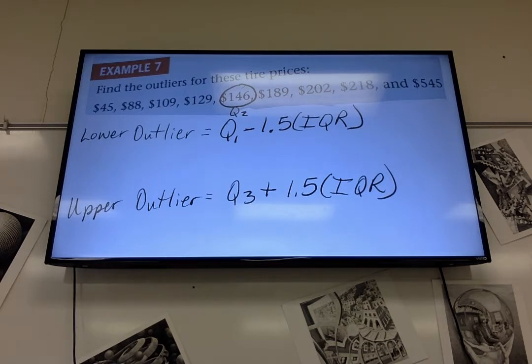And then Q1 is the number in the middle of these two, which is 88 plus 109 divided by 2, 98.5. Q1.